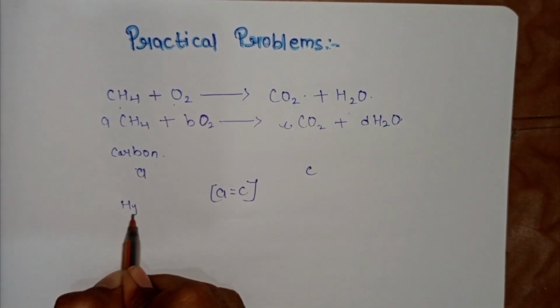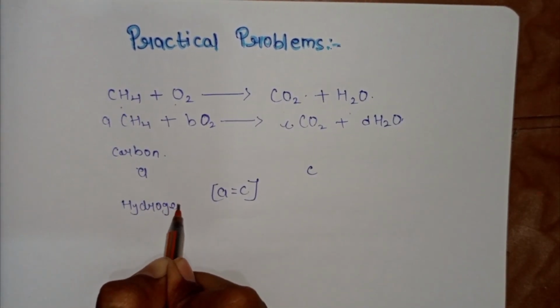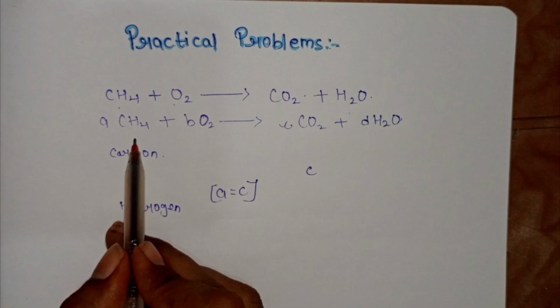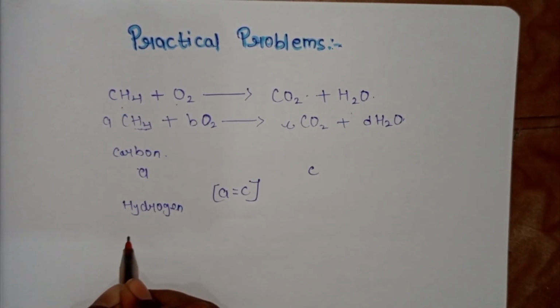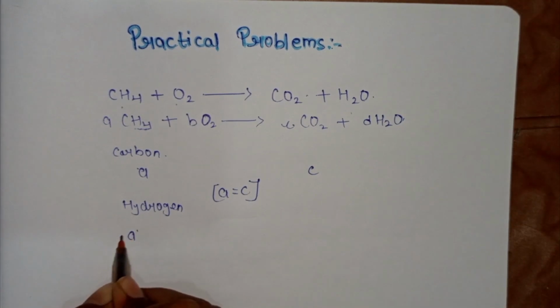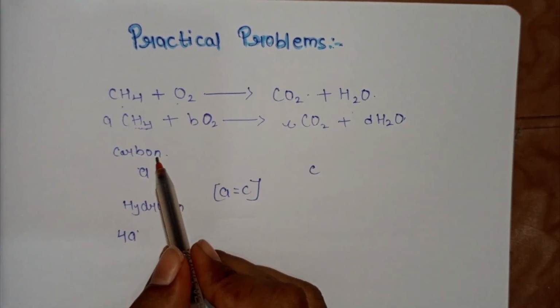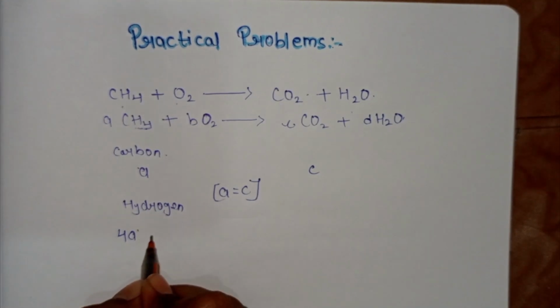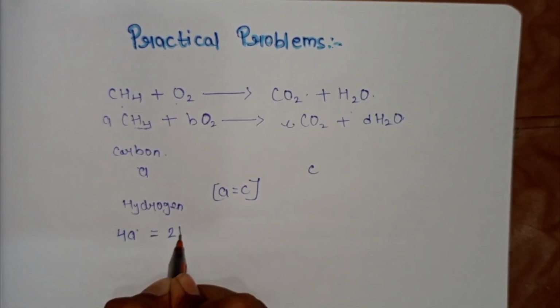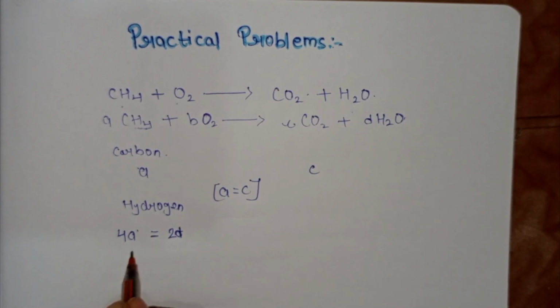for hydrogen, there are simply 4 hydrogen atoms on the reactant side, so we can write 4a, and on the product side there are 2 hydrogen atoms, means 2d, or we can say that d is equal to 2a.